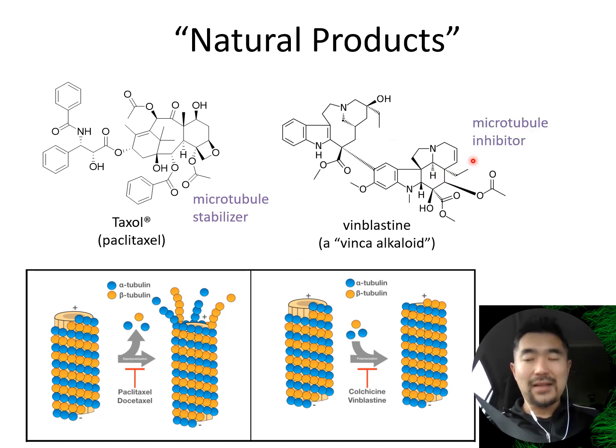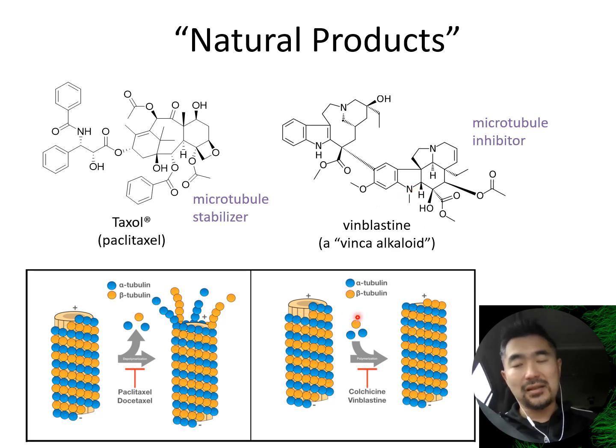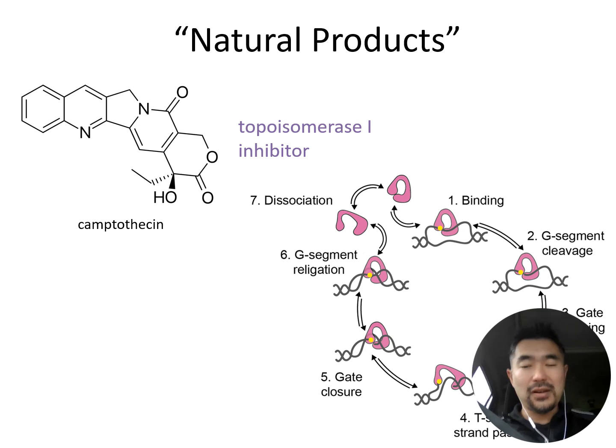And this might be more intuitive. Compounds like vinblastine, or the so-called vinca alkaloids, are microtubule polymerization inhibitors, meaning these tubulins cannot polymerize because vinblastine attaches to alpha and beta tubulins in such a way that it prevents the polymerization.